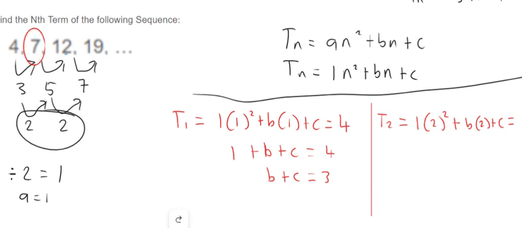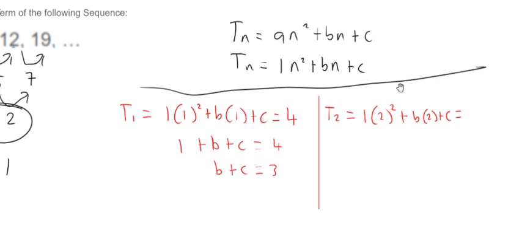We can look over there and see that it's 7. So then squaring that gives us 4 plus 2b, which is 2 times b, plus c is equal to 7. Now let's bring the 4 to the other side and subtract it, and we'll get 3. So 2b plus c is equal to 3.